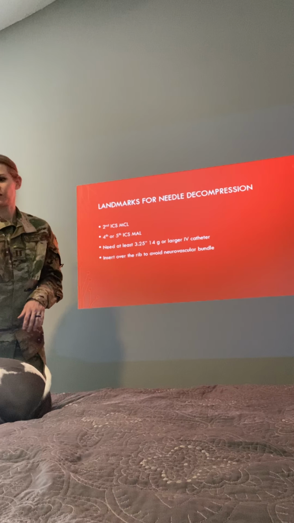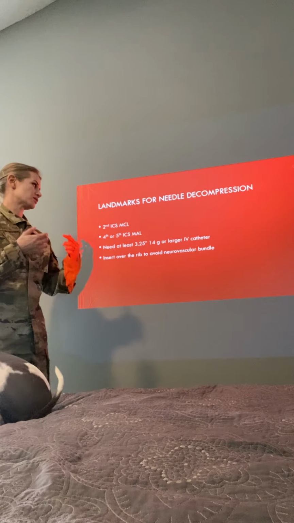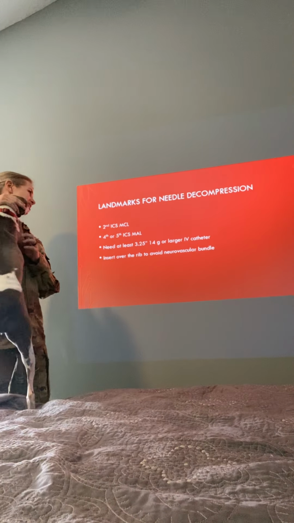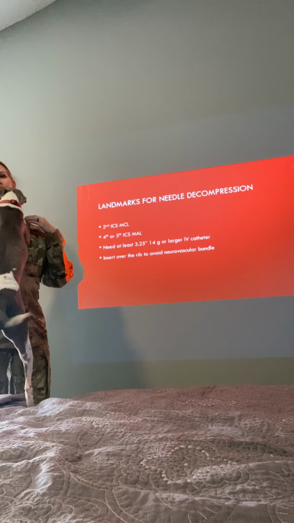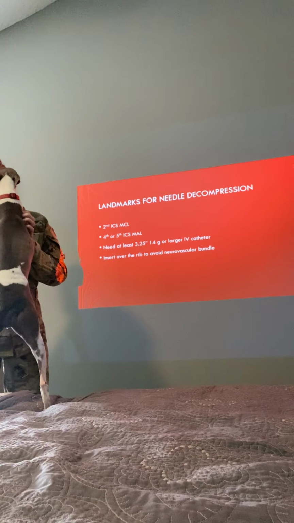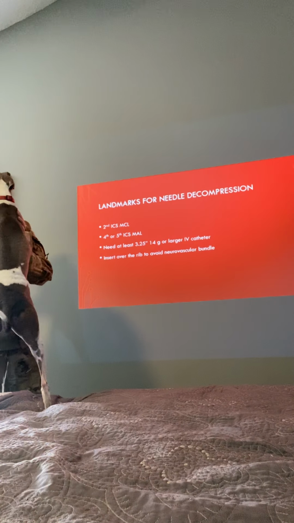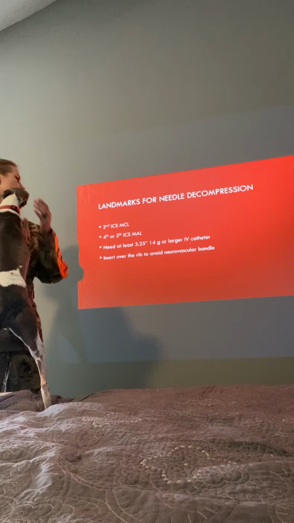So our landmarks for doing a needle decompression: you're gonna have your second intercostal space, mid-clavicular line as your anterior landmark, and if you're going laterally, you're gonna look for your fourth or fifth intercostal space, mid-axillary line.